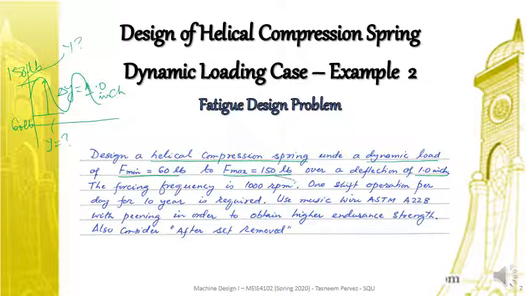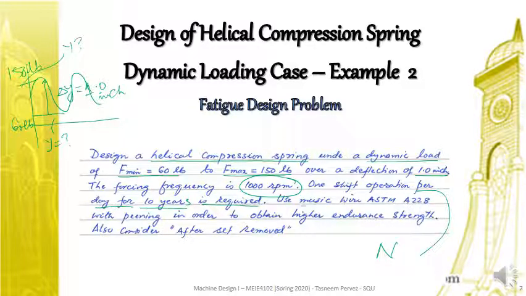The forcing frequency is 1000 RPM, right? One shift operation per day for 10 years is required. That's the condition. It means I'm going to use this to calculate N, the life cycle.